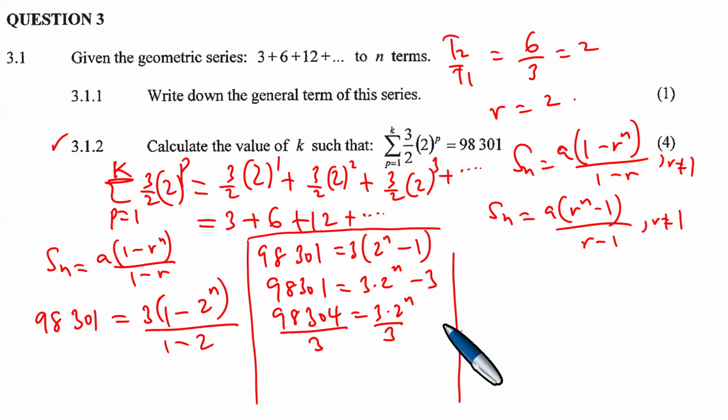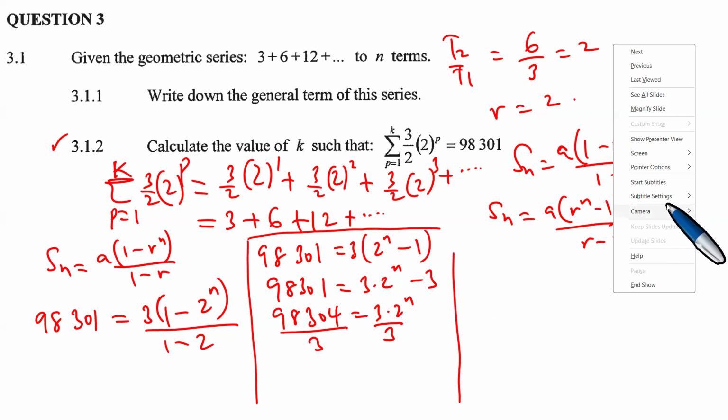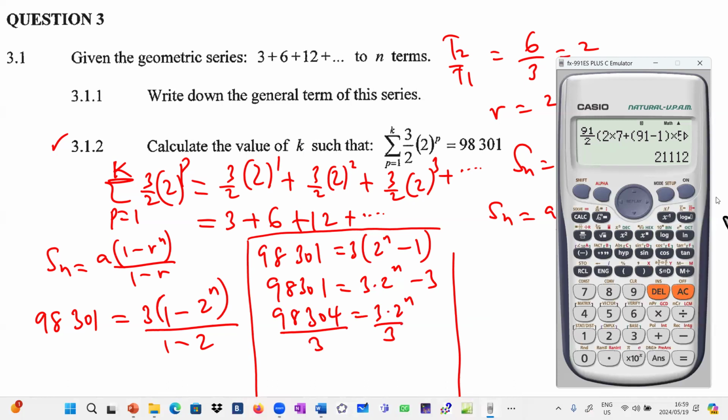Let us just use the calculator to make sure that we get the result that is wanted. 98,304 divided by 3 is actually 32,768, and that is what we write down.